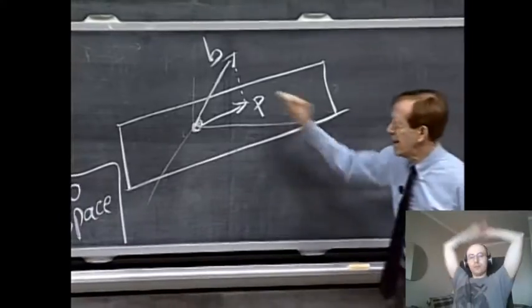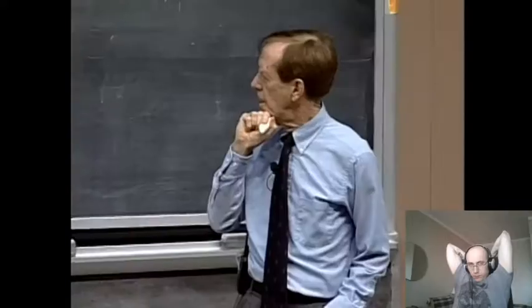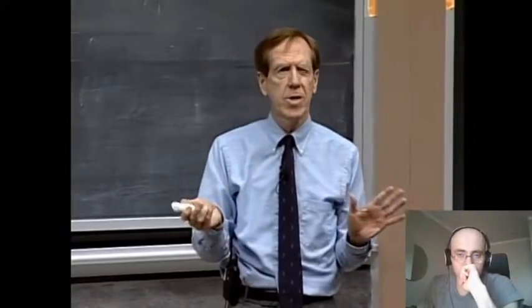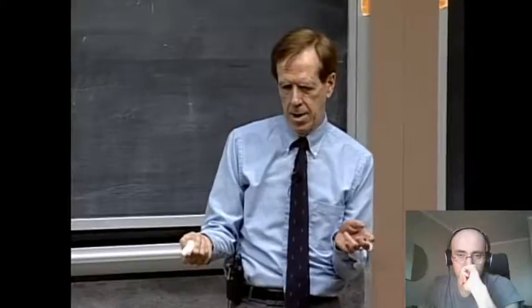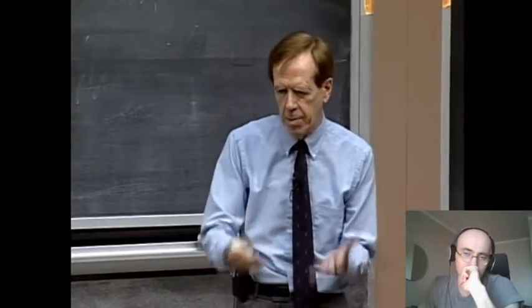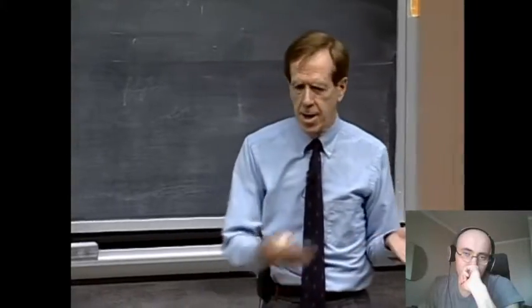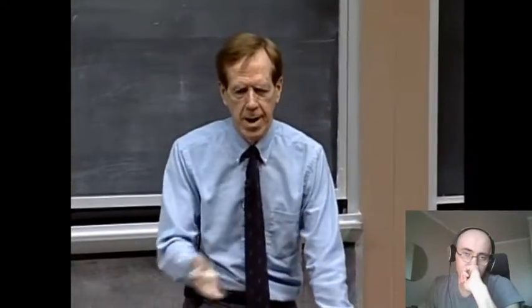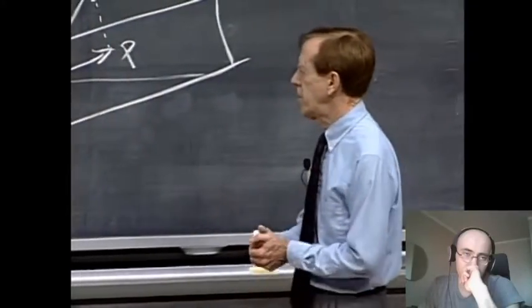Again, a right angle is going to be crucial. First of all, I've got to say what that plane is. To get a formula, I have to tell you what the plane is. How am I going to tell you a plane? I'll tell you a basis for the plane: two vectors, A1 and A2.